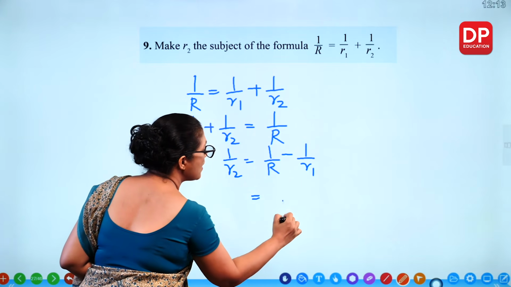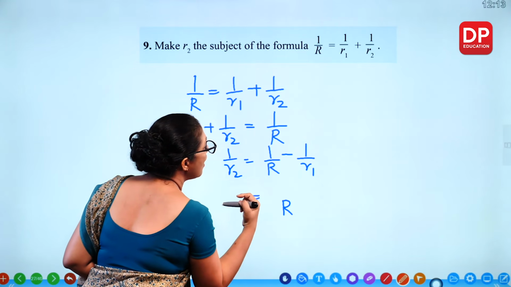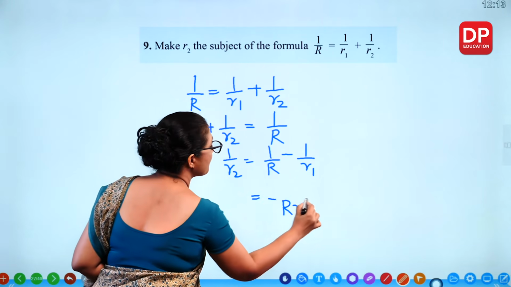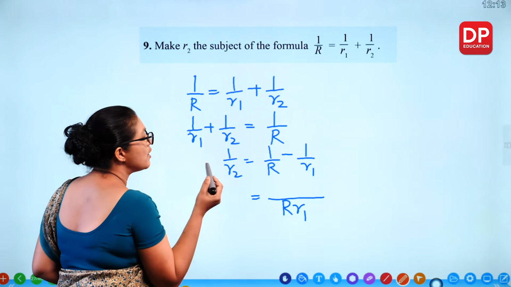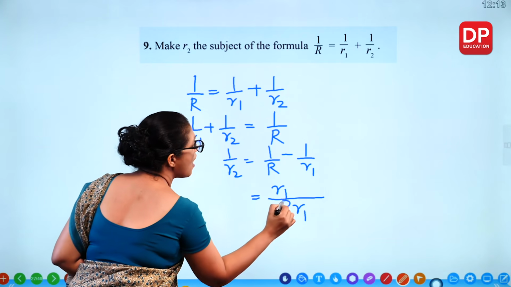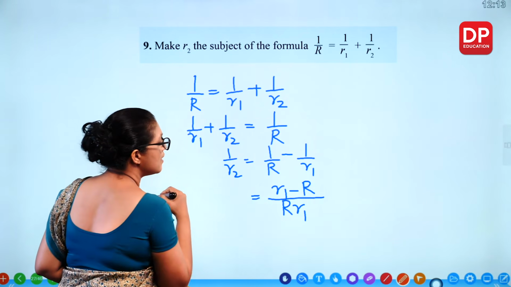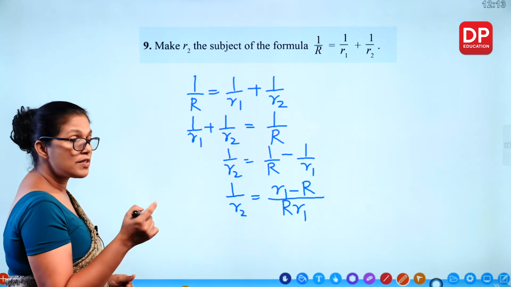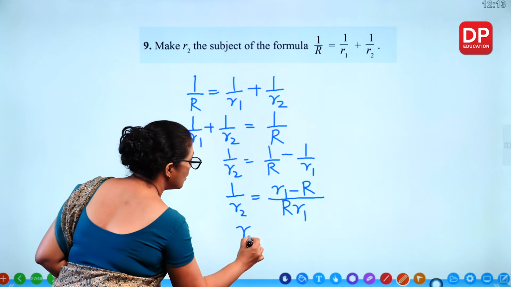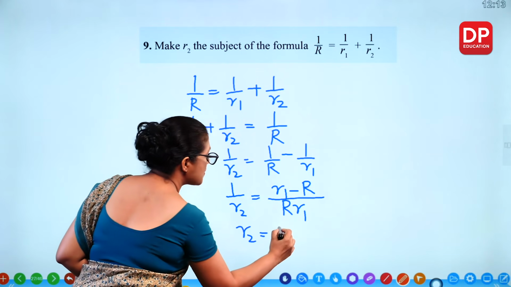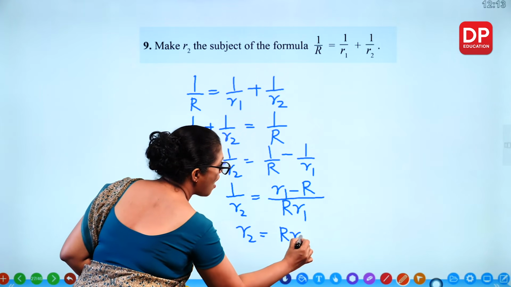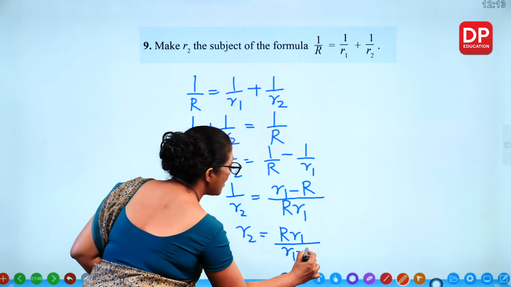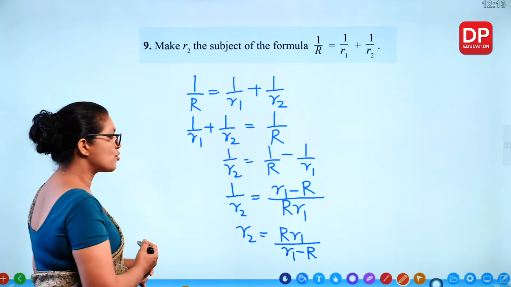What's the lowest common multiple? R R1. When you convert to equivalent fractions, this becomes R1 minus capital R. So that's 1 over R2. When you take the reciprocal, you get R2. R2 becomes upside down. So R1 over R1 minus capital R is R2.